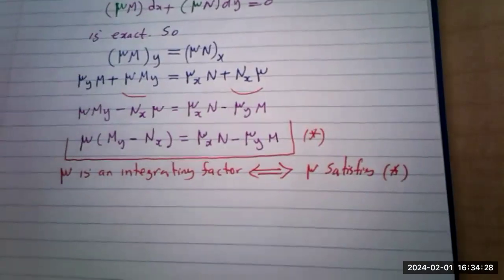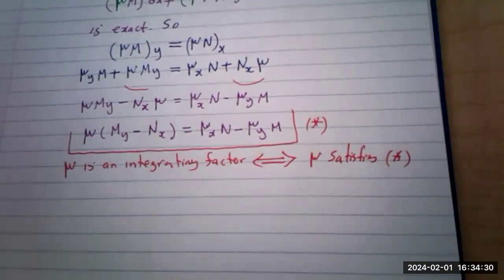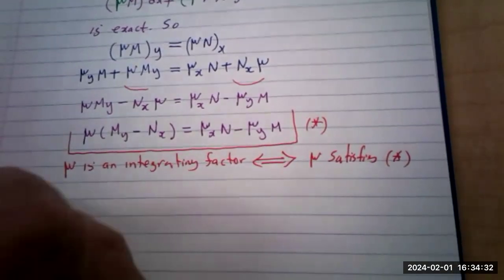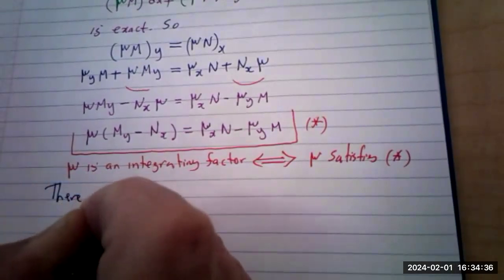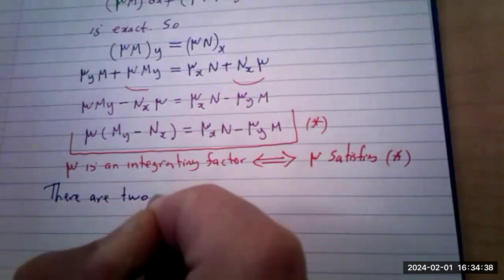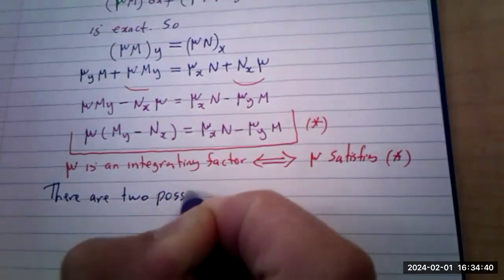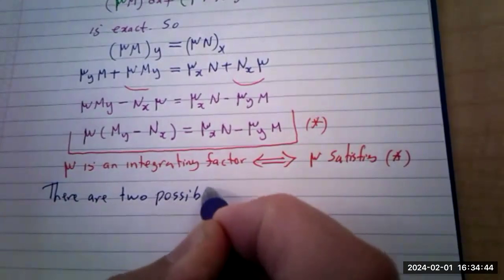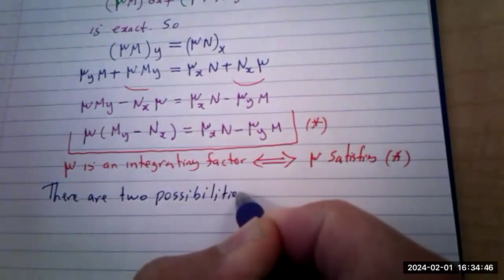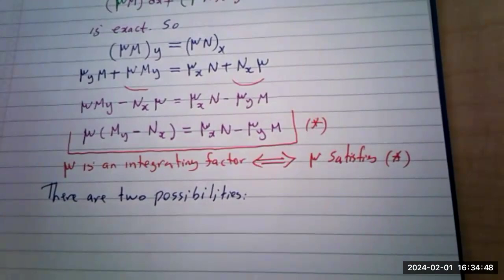So there are two possibilities because we consider only the two possibilities. So we are interested in this. The one that can be easy. And you can impose various conditions and get more. There are two possibilities.